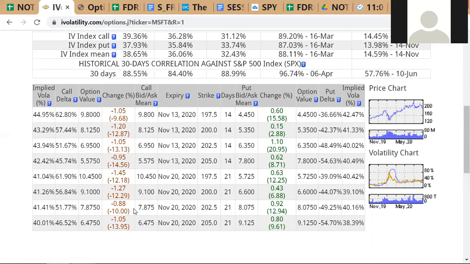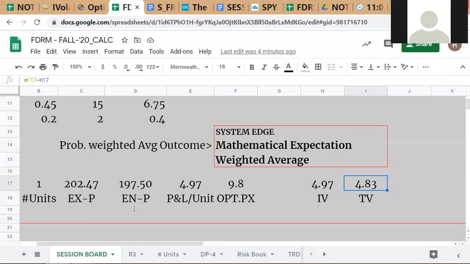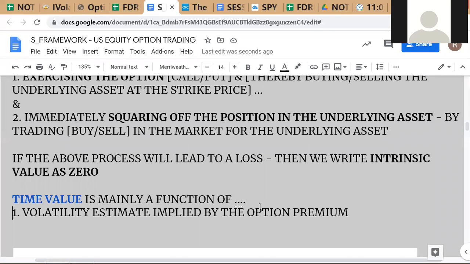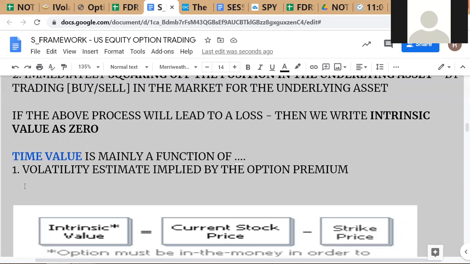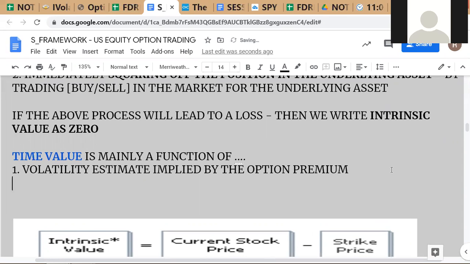Now, the question is therefore that time value is mainly a function of two things: the volatility estimate implied by the option premium, which is the market price of the option, and the expiry date, or we can call it the tenor of the option. Okay, so I'm using the American spelling, the tenor of the option.